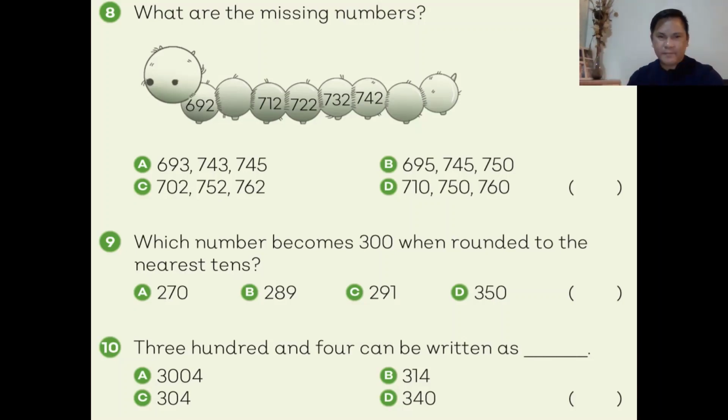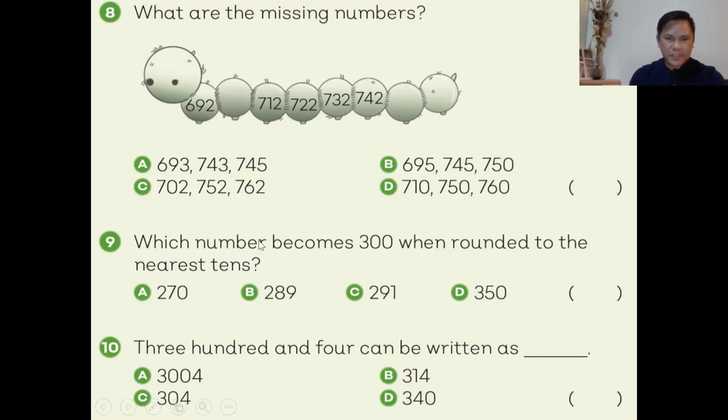So that is 10. If we count 10, 692 plus 10 equals what? And so on. So proceed. Plus 10. Is it A, B, C, or D? So what is the answer?